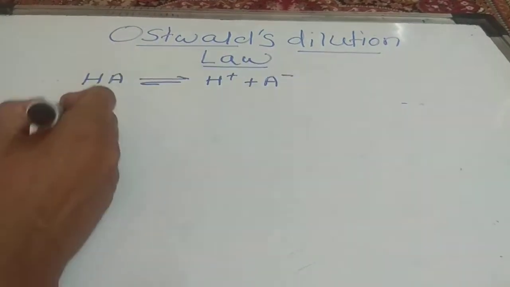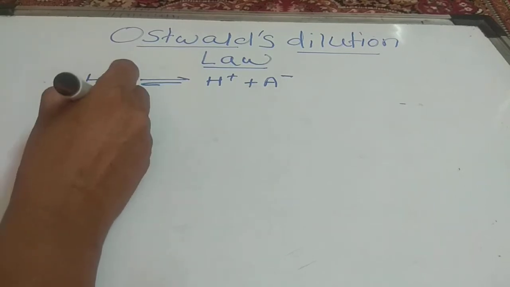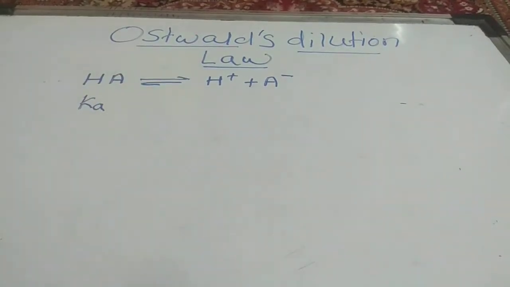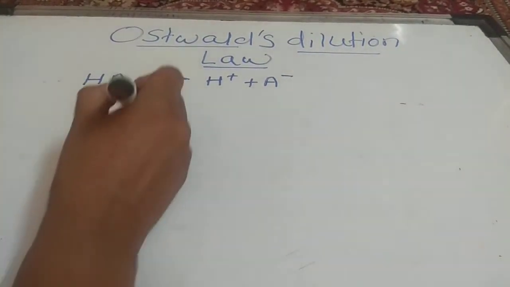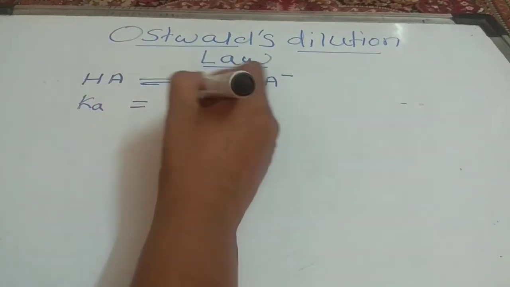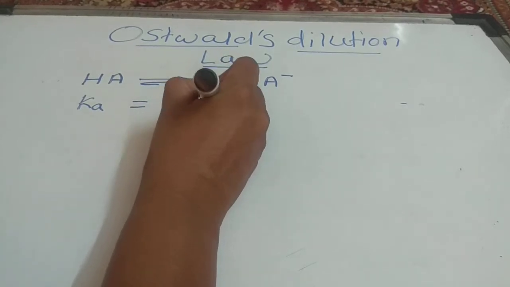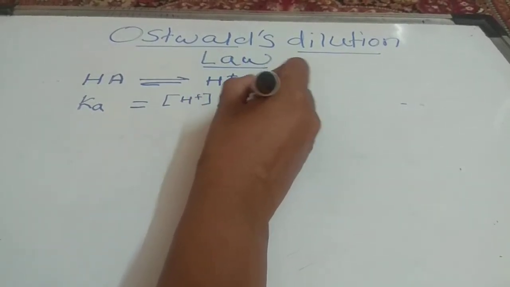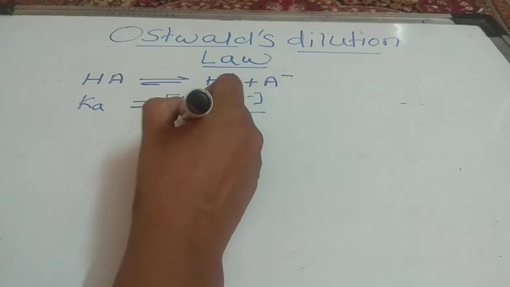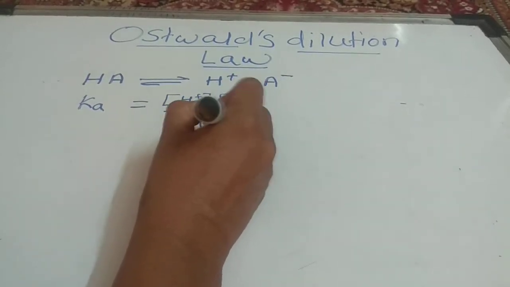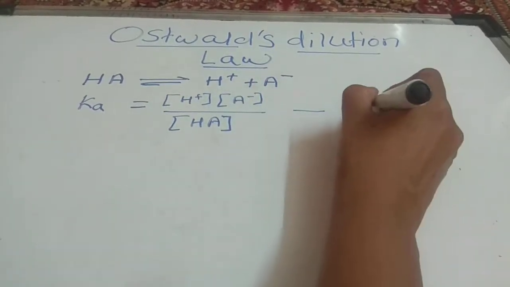And for that equilibrium, the constant, that is Ka, is also known as the dissociation constant. Ka is equal to product upon reactant. So Ka equals concentration of H plus into concentration of A minus upon concentration of HA, and it is equation number 1.